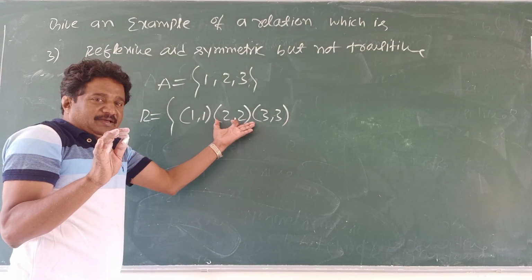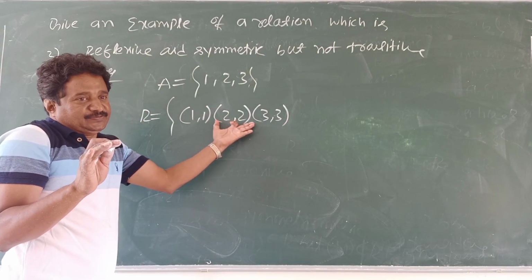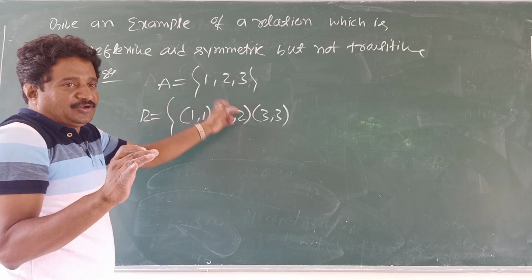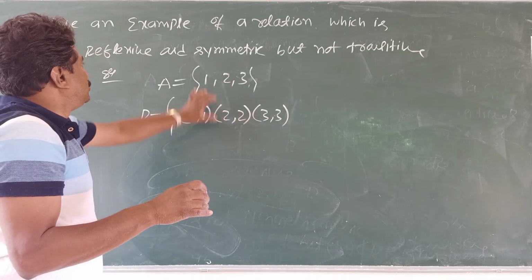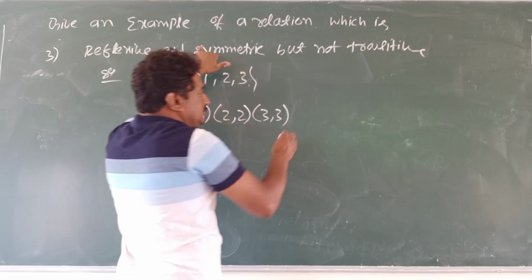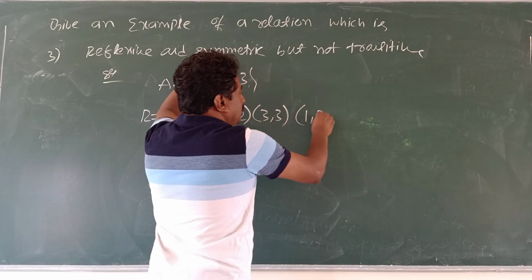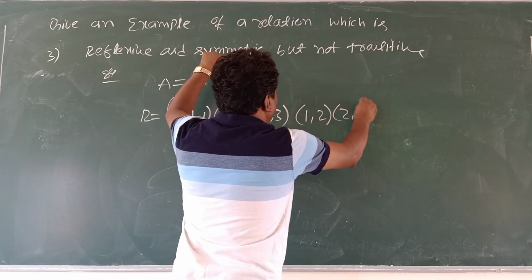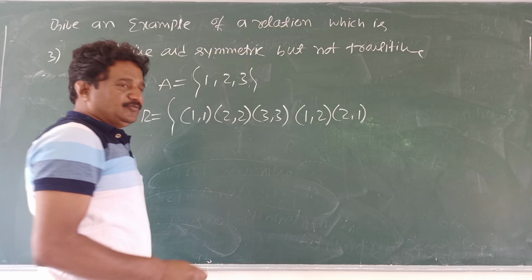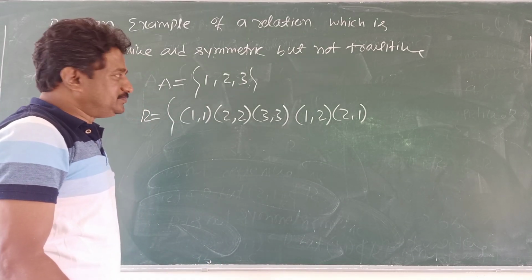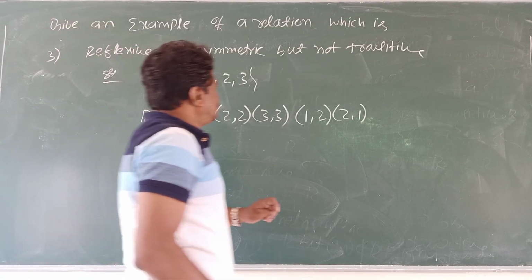Now it has become reflexive because it contains (1, 1), (2, 2), (3, 3). Further, it should be symmetrical. So how do you make this symmetrical? (1, 2), (2, 1). Correct?